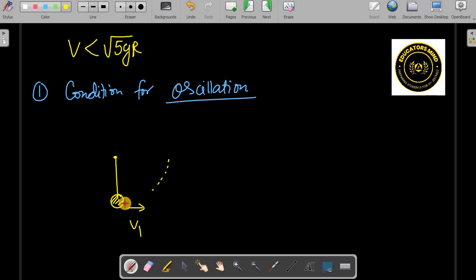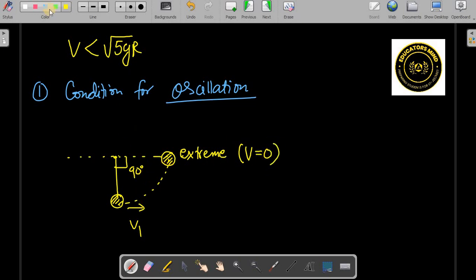Oscillation means it can go at maximum to 90 degrees and then oscillate to this side. So this should be considered the extreme position, where the speed must be 0.